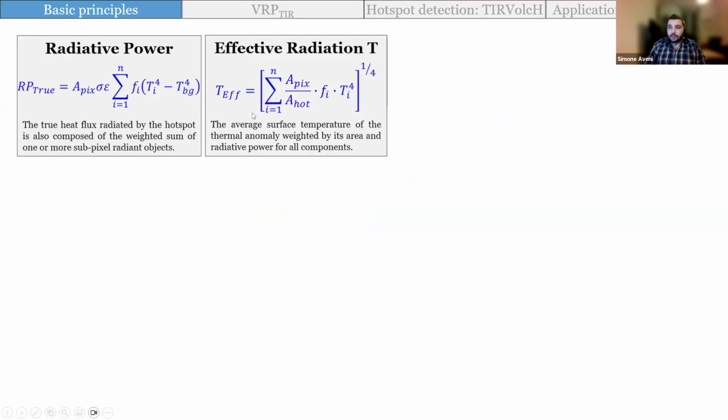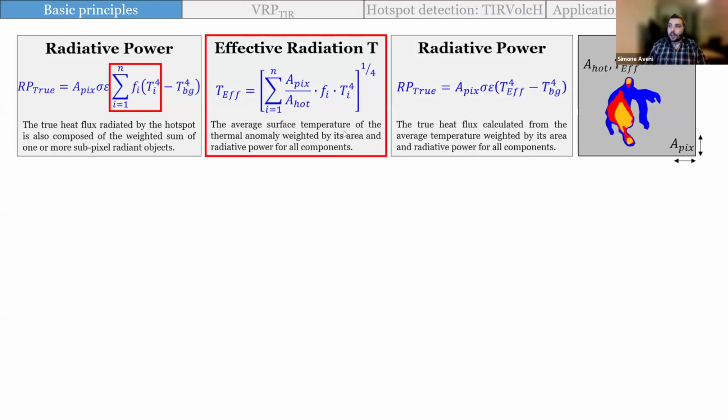To simplify that, just because we will need this later on in our presentation, this part here could be simplified taking the effective radiation temperature, which is indeed the average surface temperature of the anomaly weighted by its area and its radiative power. So with that, we can simplify the radiative power equation to include the effective temperature within it.